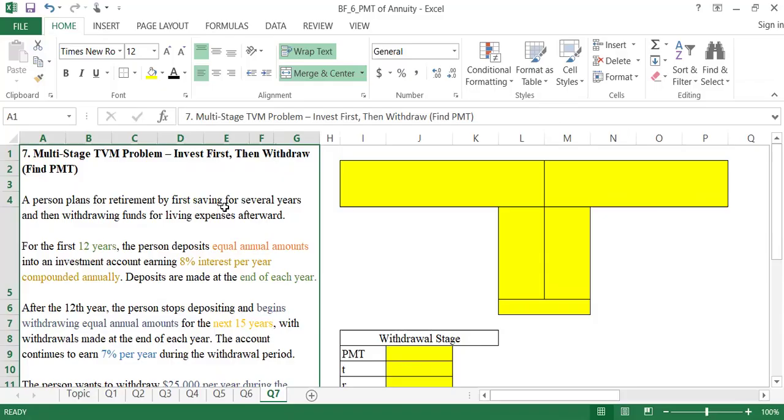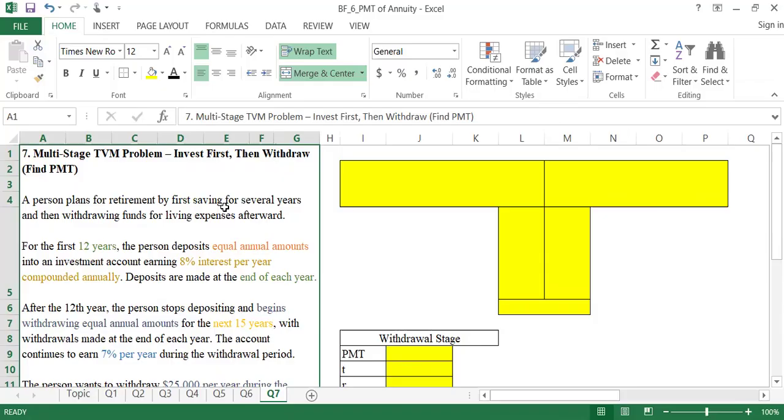For the first 12 years, the person deposits equal annual amounts into an investment account earning 8% per year, compounded annually. Deposits are made at the end of each year.